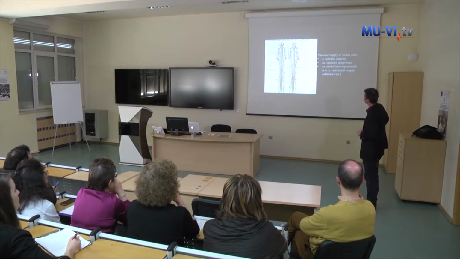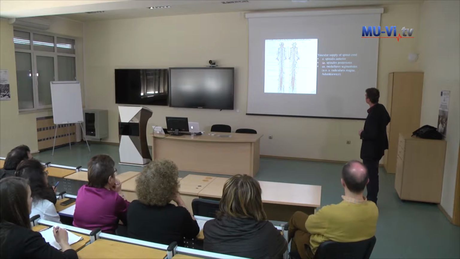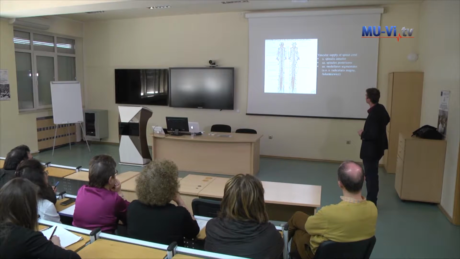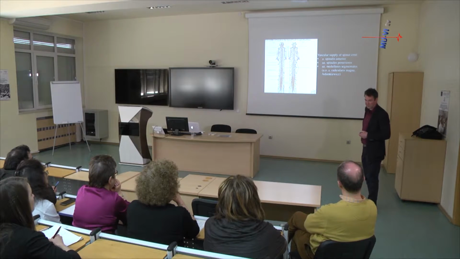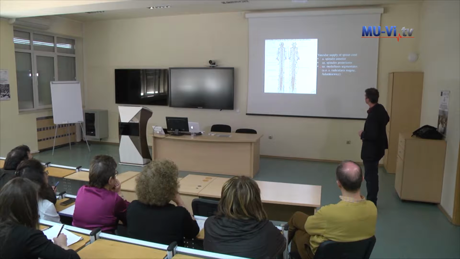On the dorsal aspect, you'll find an arteria spinalis posterior on each side, but they don't fuse and run down next to the midline, so we have 2 arteriae spinales posteriores.